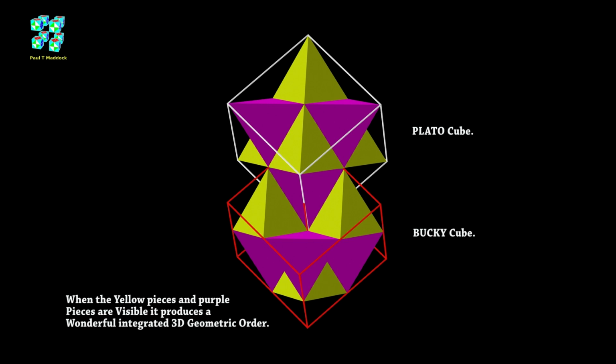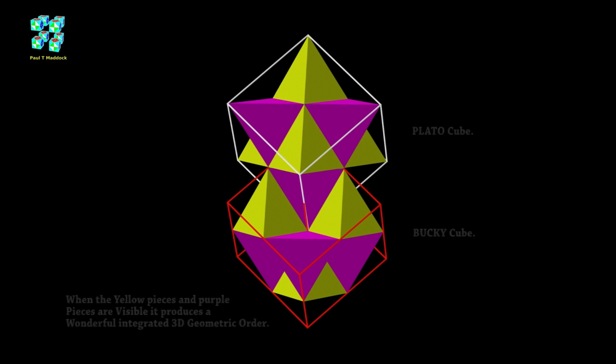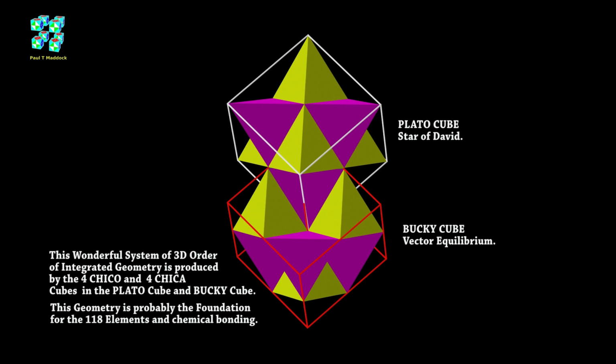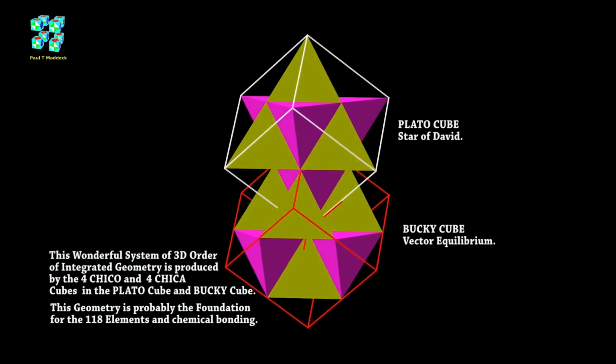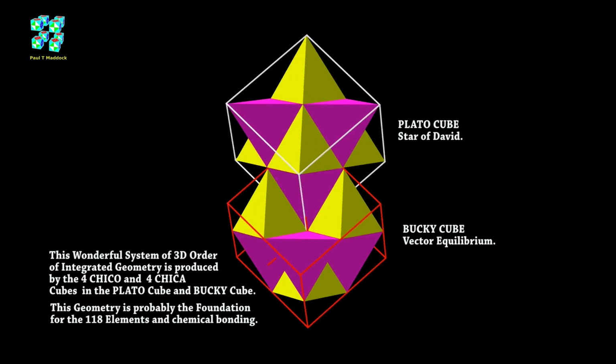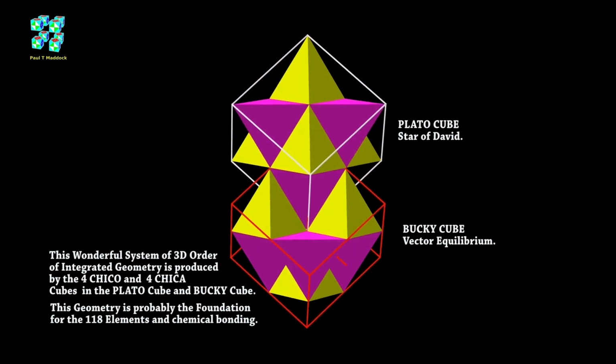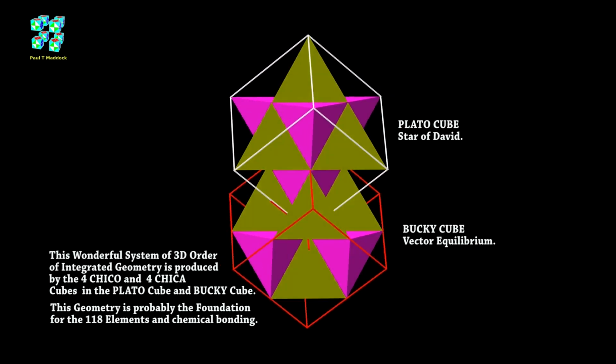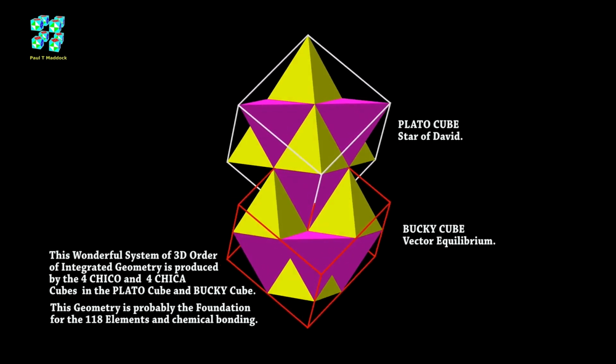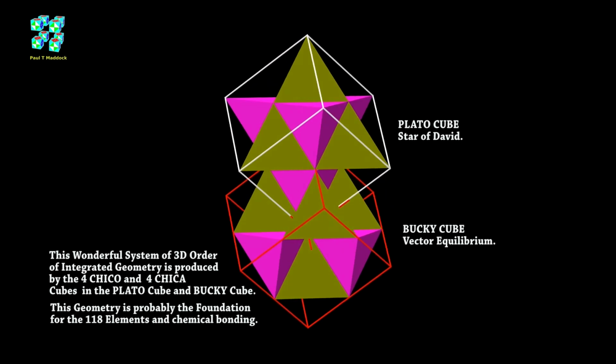I think a lot more research needs to be done on this wonderful system, because I think this is the foundational geometry for bonding and the 118 elements. I've showed this in my earlier videos. People working in chemistry can come up with bonding geometry and stuff like that, and then the other academics are teaching that everything is chaos and the bifurcation and all this stuff.